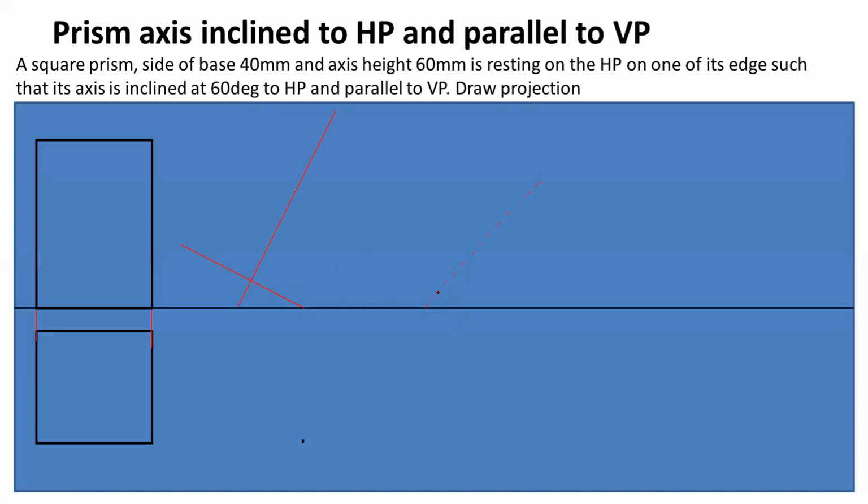If this angle is 60 degrees, then its base edge will have the angle 30 degrees, because this is 90 degrees. So first draw this line, that is the base edge, at 30 degrees. Take the half distance of the base edge. Right now the base edge is 40 mm, so take this distance 20 mm and this distance 20 mm. Then from this point draw the line which is perpendicular. This will represent the axis.